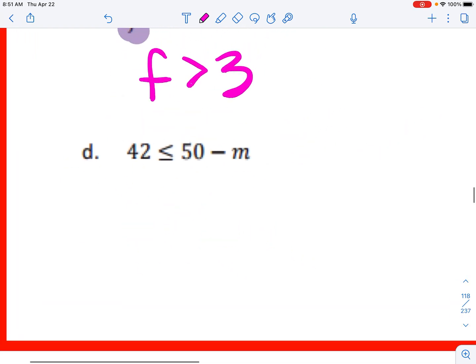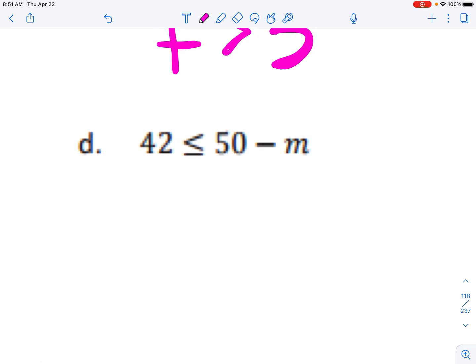All right, and letter D, 42 is less than or equal to 50 minus M. So now, 42 is less than or equal to, okay, 50 minus M. So 50 minus 8 is the biggest number that we can do here, okay?